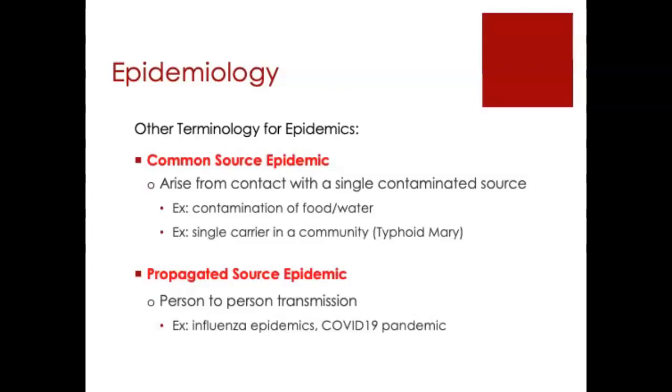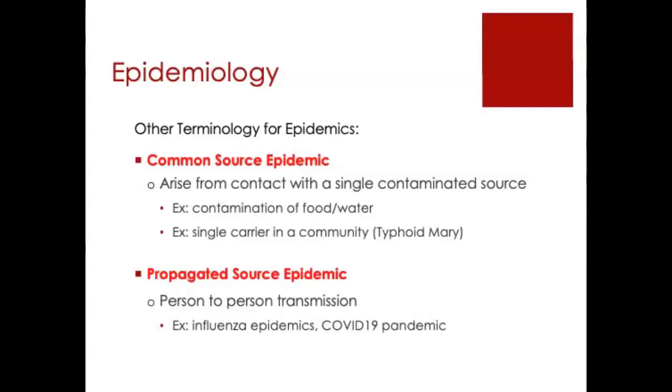Some other terminology that we need to know specifically relating to epidemics is how the epidemic arose. And we use the two terms common source and propagated source to describe these. A common source epidemic is an epidemic that arises when large numbers of people become infected from a single contaminating source.